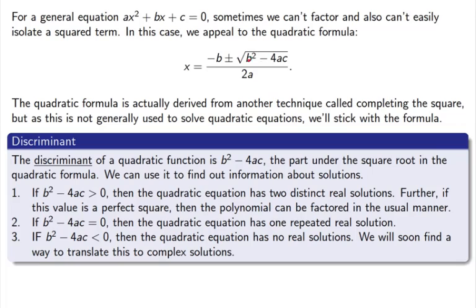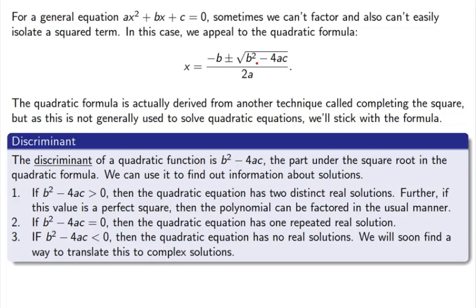If the inside happens to be 0, the square root of 0 is 0, and this whole term disappears, meaning we really only get one solution, although technically it's repeated. If this number is less than 0, then we have the square root of a negative number, which is not a real number.